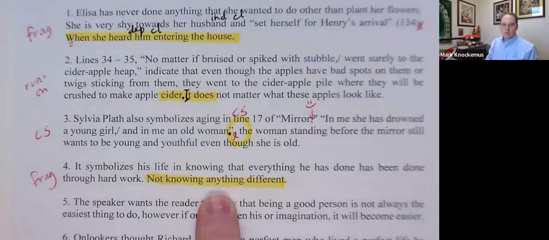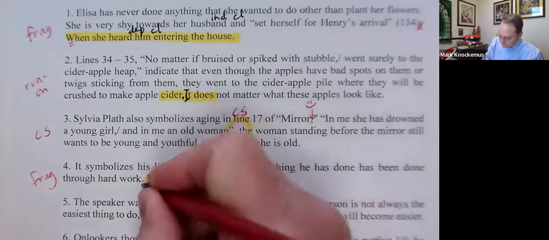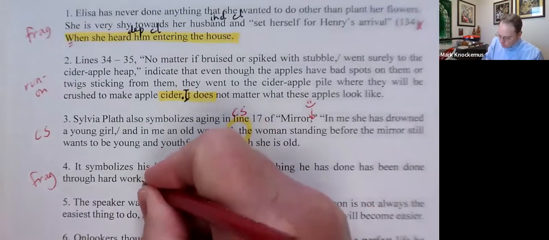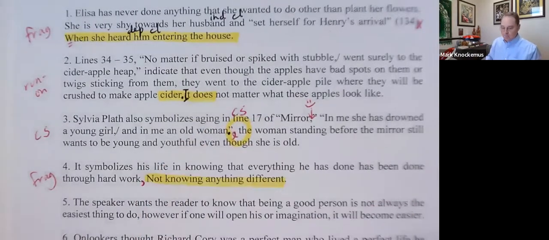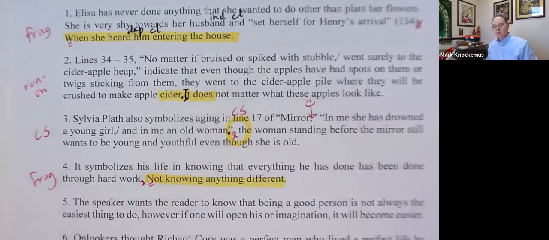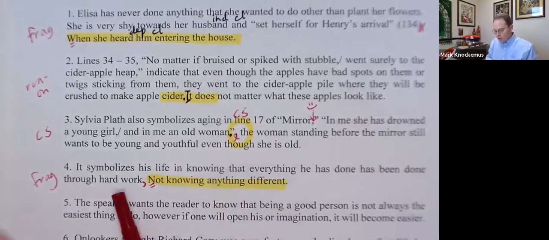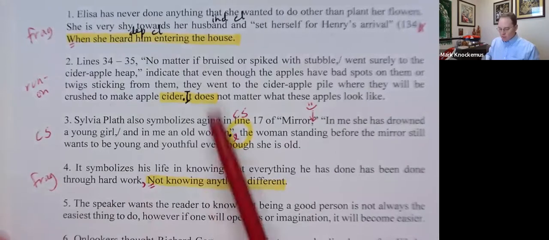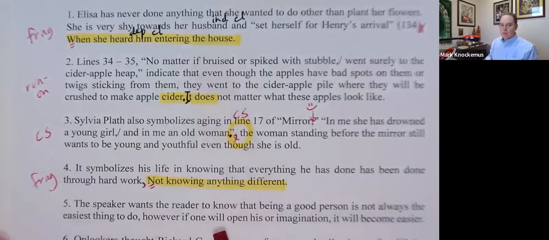So what we're going to do with number 4 is turn the period into a comma, lowercase the n, and just join that phrase to that independent clause, and then we fixed it. So you'll see with these fragments, a common way to fix is just to find an independent clause nearby and connect it. Easy fixes.